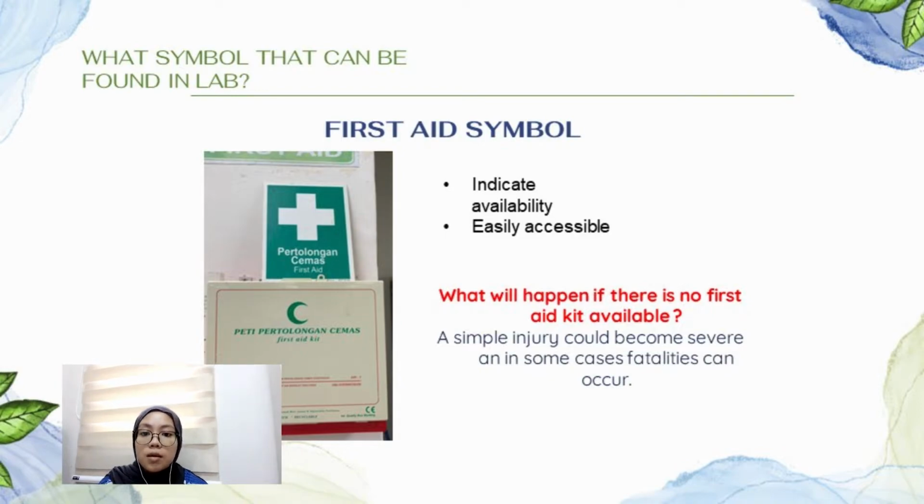What will happen if there is no first aid kit available? Without proper first aid, a simple injury could become severe, and in some cases, fatalities can occur as a result of lack of immediate medical treatment.